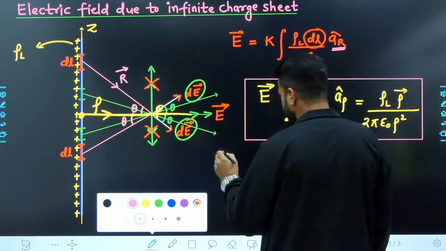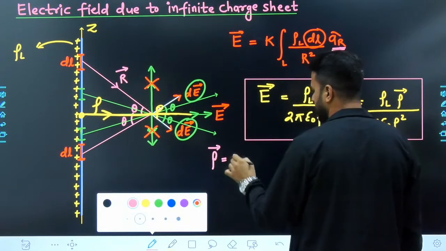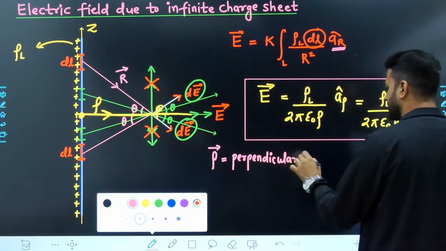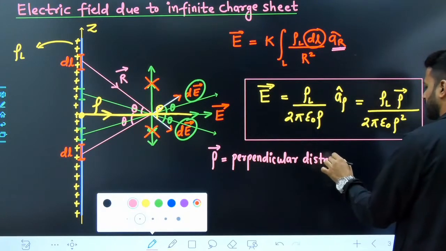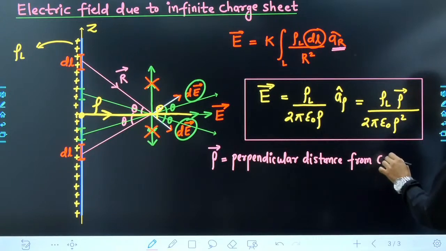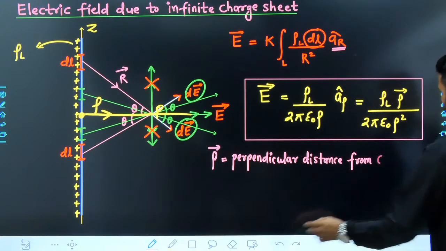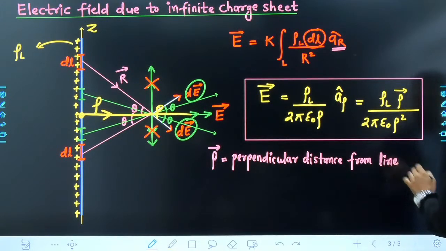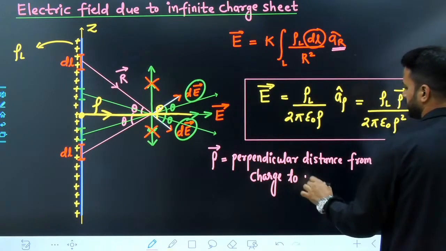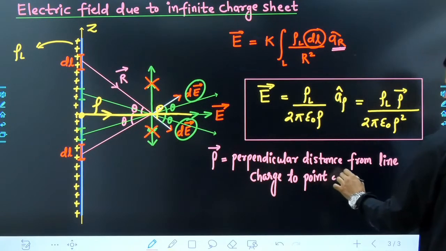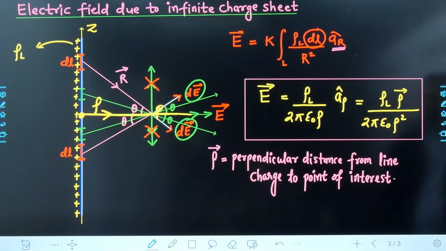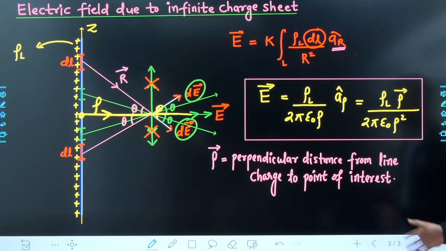So what is rho? Rho is the perpendicular distance from the line charge to the point of interest. Perpendicular distance from the line charge to the point of interest, that is the rho.